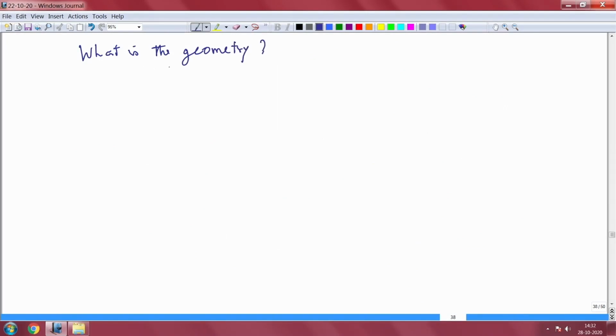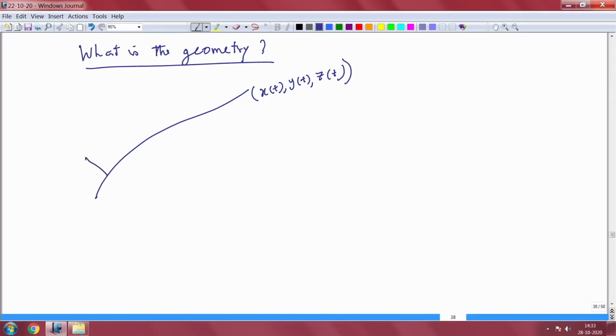You have a characteristic curve x(t), y(t), z(t). You want to solve x(t), y(t), z(t) together with p(t), q(t), but (p, q, minus 1) is a normal. So you are not only solving the curve x(t), y(t), z(t), you are also solving the normal, which is equivalent to saying that you are solving the tangent plane.